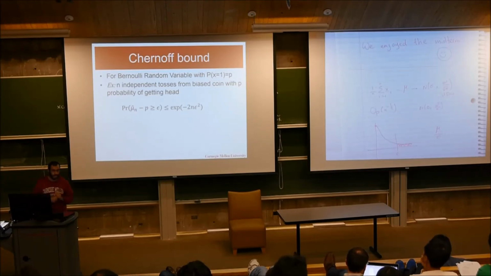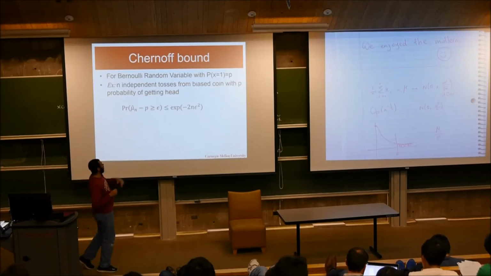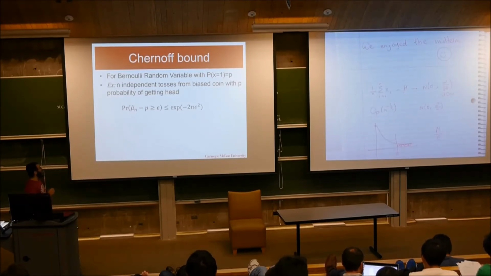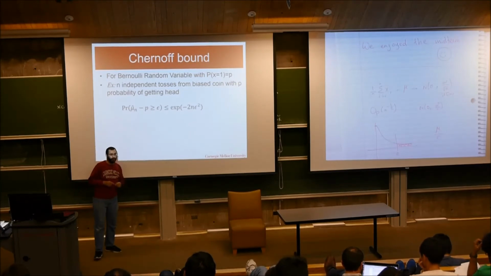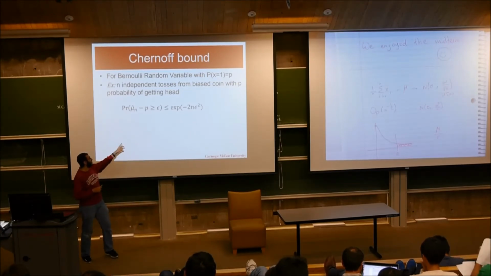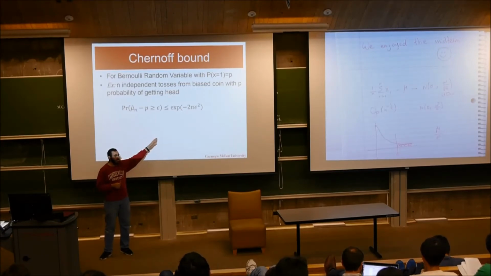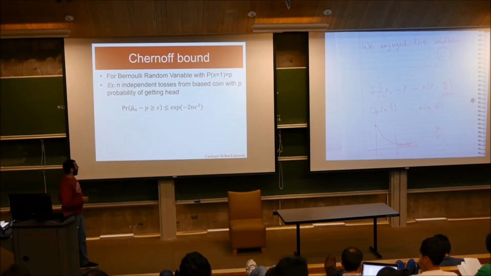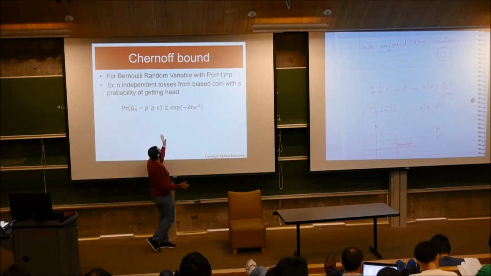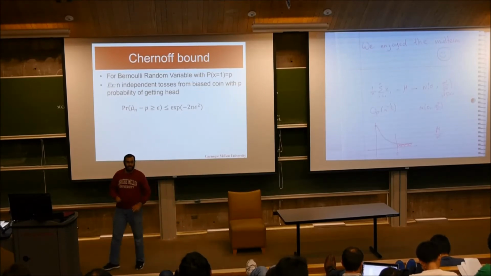If you have Bernoulli random variables, where the probability that x equals 1 is P, and you have n data points from that Bernoulli, for example, you toss a biased coin n times, then the probability that your empirical average deviates from the true mean by an amount epsilon in the positive direction, so there is no absolute value here, is now bounded by exponential of minus 2n epsilon squared.